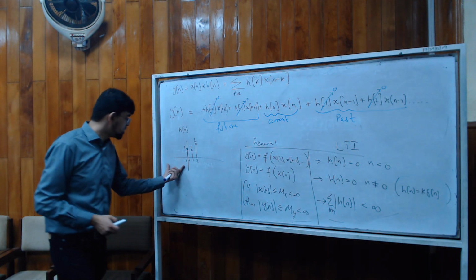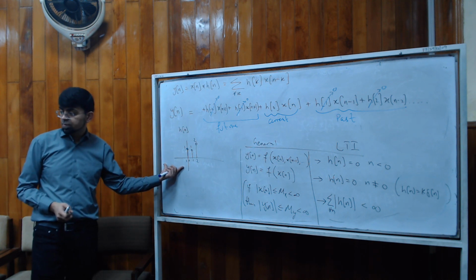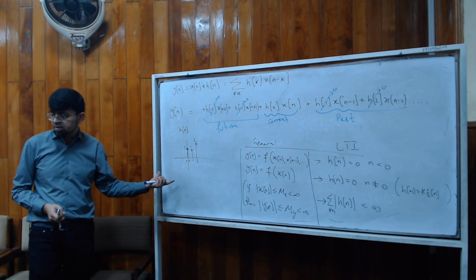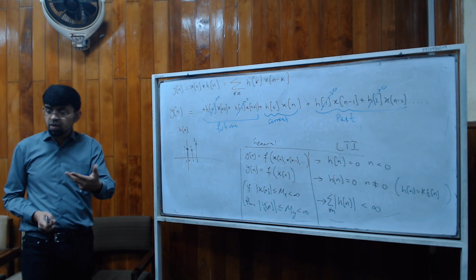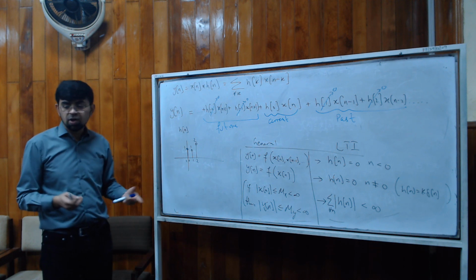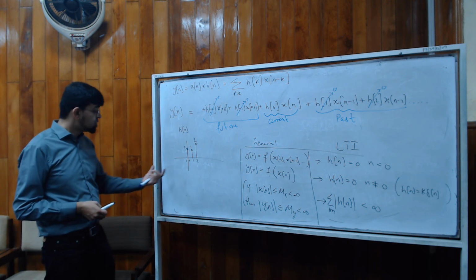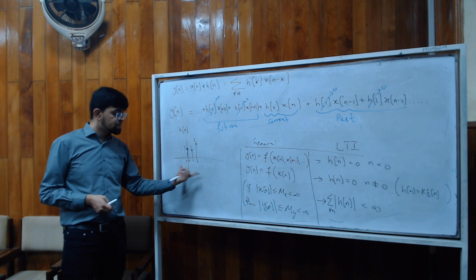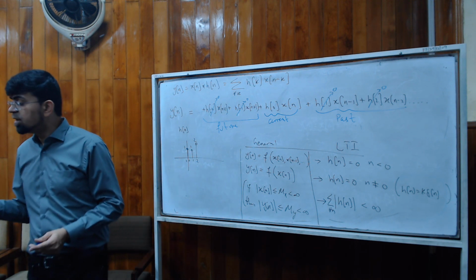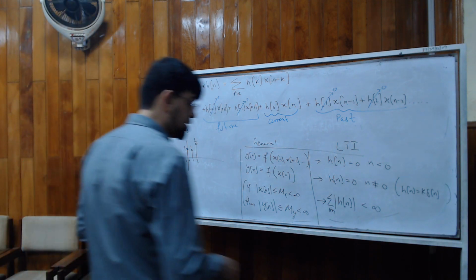Now n less than 0 is here, and notice it is 0 for all n less than 0. There is no value here. Remember, in discrete time, when we plot these, most of the 0 values we don't plot. We just assume they are all zeros. That's why they are not drawn here. So they're all 0. It satisfies the condition of a causal system.